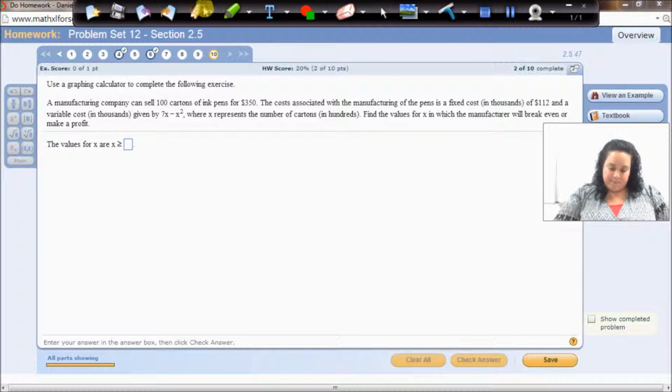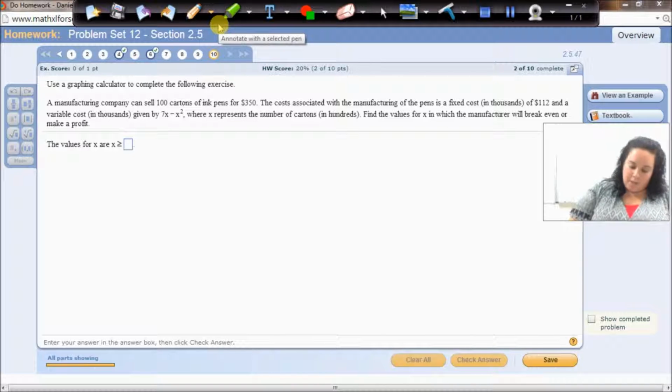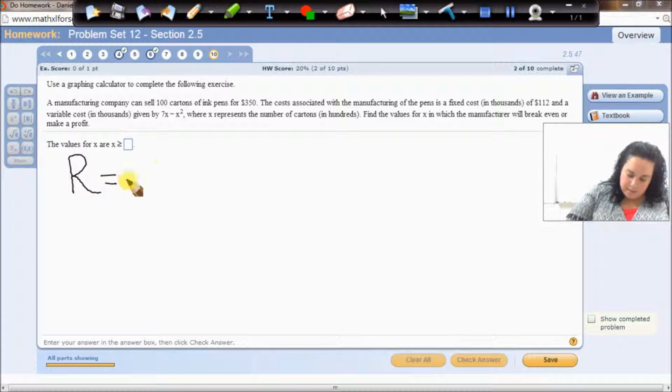All right. So we need two things. We need revenue and cost, okay? So the revenue, remember that's the money coming in, is going to be $350, but the problem represents money in thousands. So we're going to write $350 in thousands, and the way to do that is $0.35 thousand, okay?